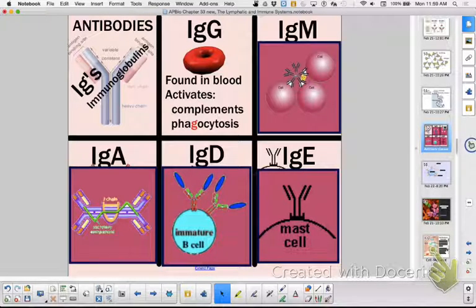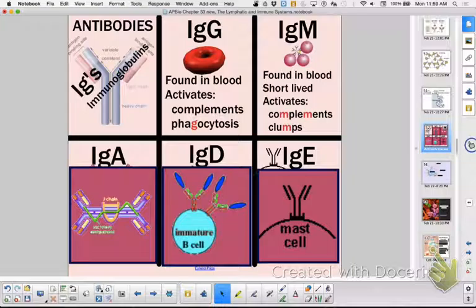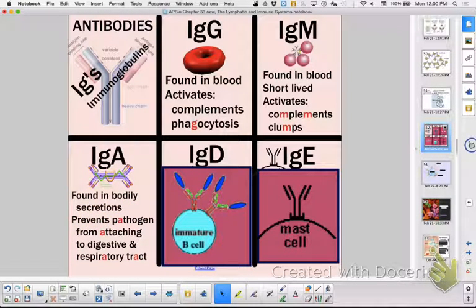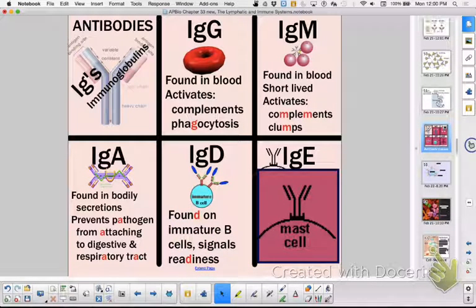Another one is IgM. IgM is 5 different antibodies all anchored together at their bases, and it activates the complement and clumping. IgA is 2 of them. They're found in the back of your throat. IgD signals when B cells mature and they're ready.